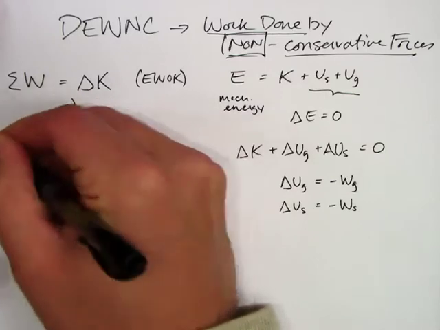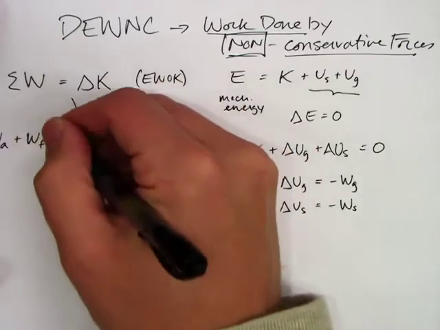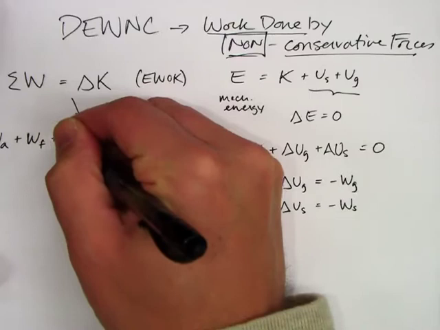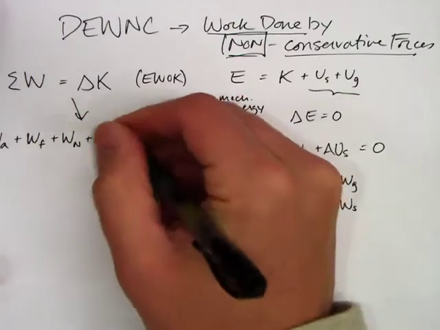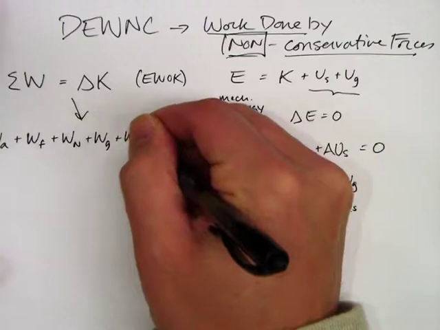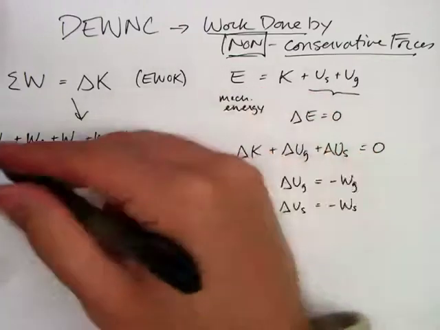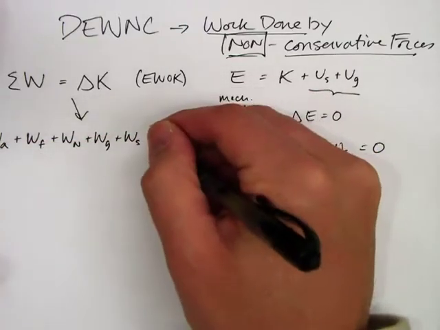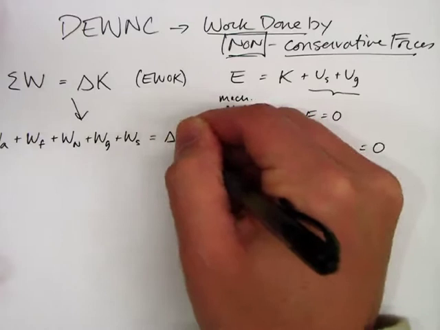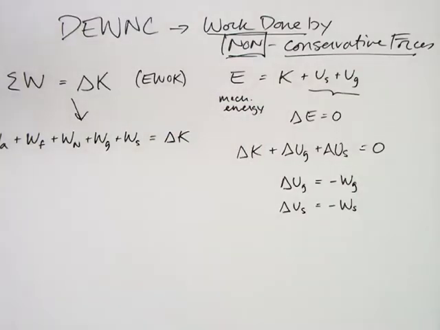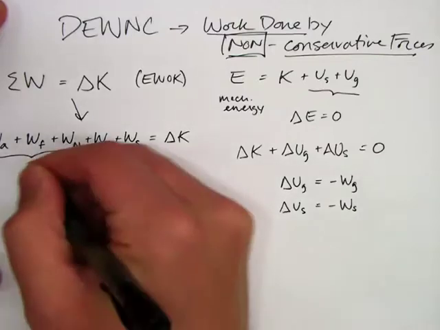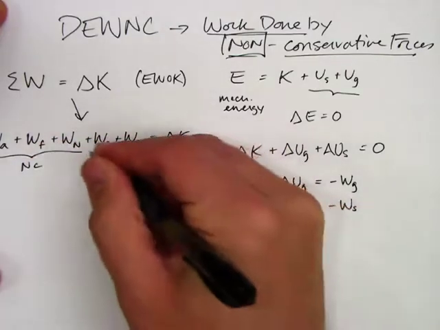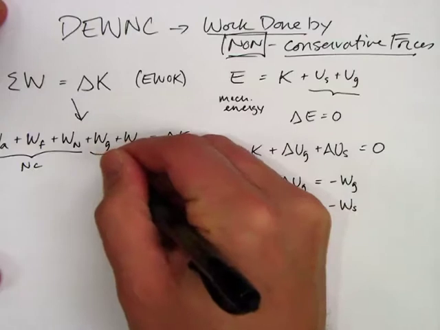Let's say there's an applied force doing work, a frictional force doing work, a normal force doing work, a gravity force doing work, a spring force doing work, a bunch of different types of forces that we can come up with doing work on an object or a system. Now, we can separate these. These are what we call our non-conservative forces, and these are what we call our conservative forces.